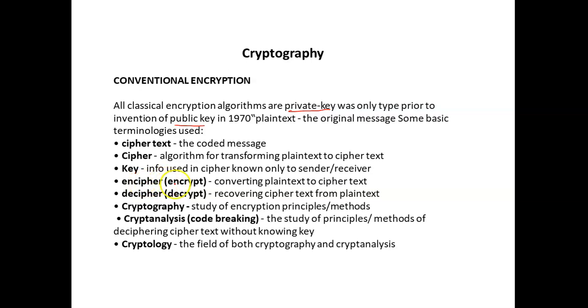Encipher or encrypt, that is the encryption method, means converting plain text to ciphertext. Decipher or decrypt, or decryption, is the method of recovering the plain text, means ciphertext to plain text conversion. Cryptography is the study of encryption methods, means algorithms.